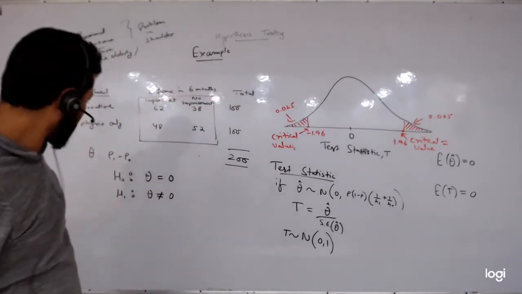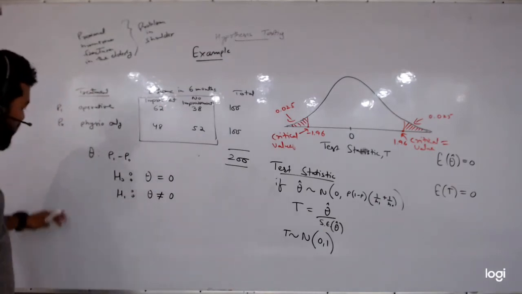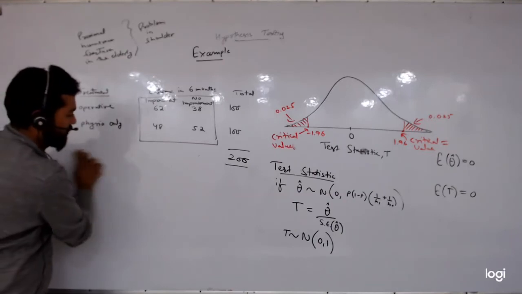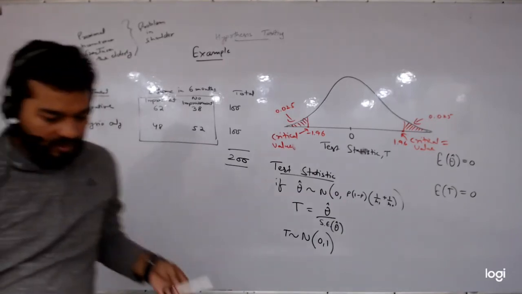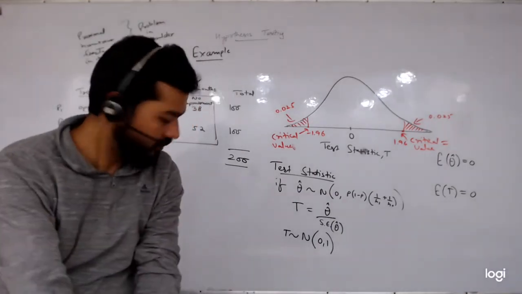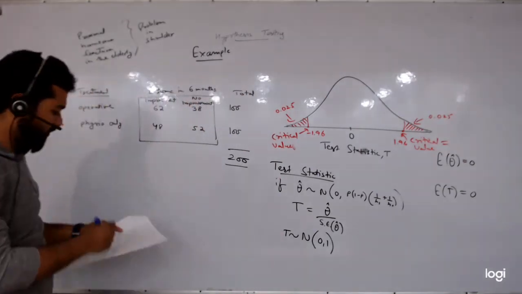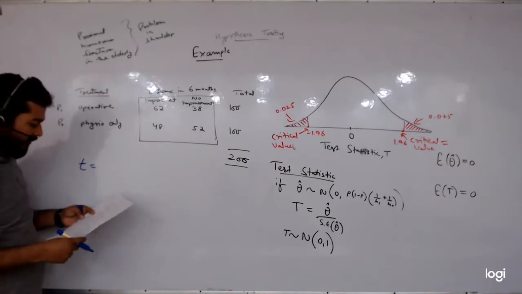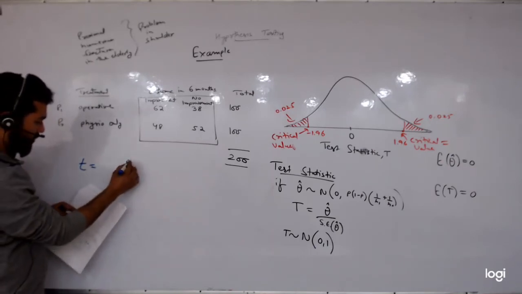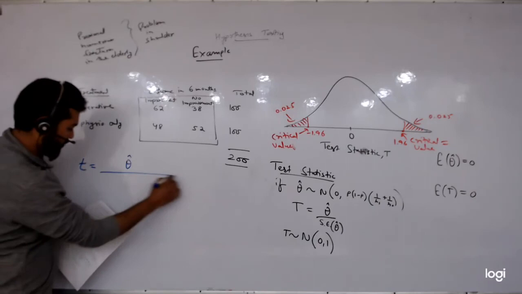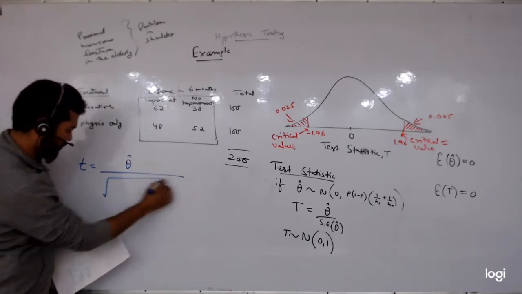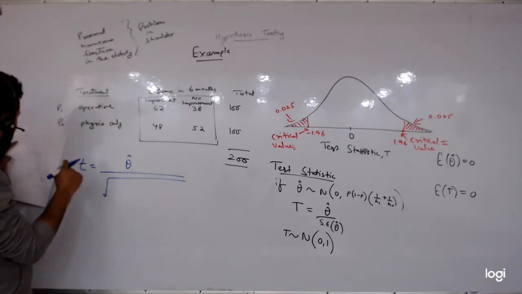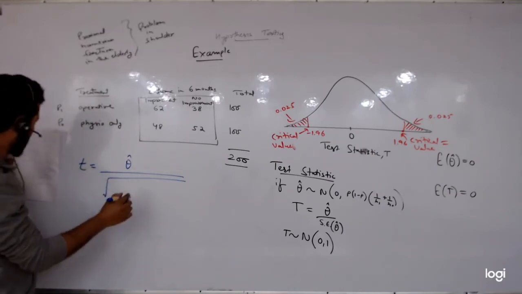I do need space, so let the table remain. I'm doing this calculation in blue. The smaller case t would be for the actual calculated value, and this calculated value now would come from the sample, so there will be a caret on top of everything now.